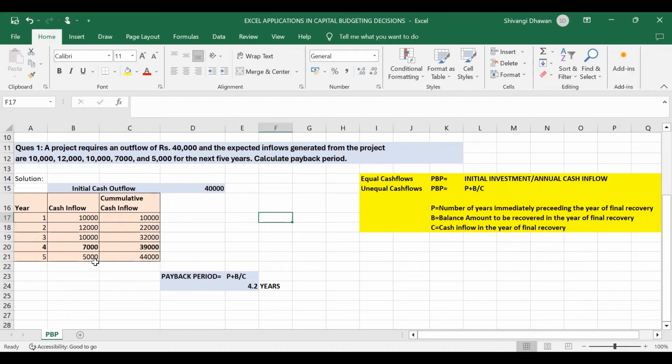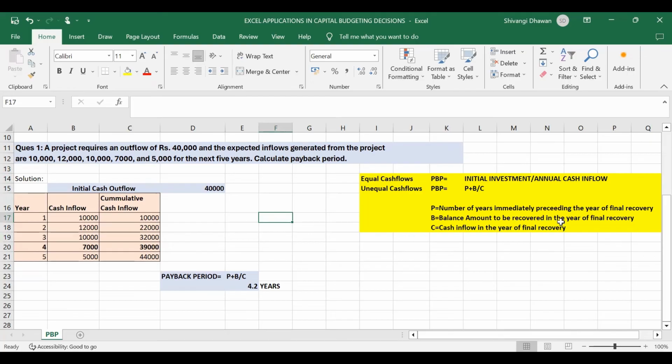After getting this, you can see that till the end of 4 years, we are receiving only 39,000, where our initial cash outflow was 40,000. So our payback period will be P plus B by C, where our P will be number of years immediately preceding the year of final recovery, that is 4.